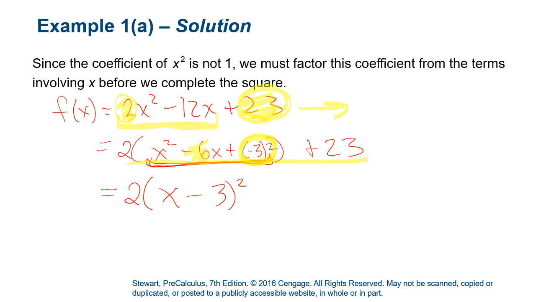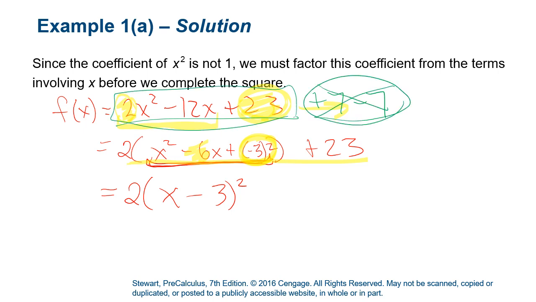So like, if I add 7 and subtract 7 to some function, well, this cancels itself out, so it's really like I didn't do anything to the original function in the first place, right? So here I added this negative 3 squared. Well, negative 3 squared is 9, but that's also inside these parentheses.